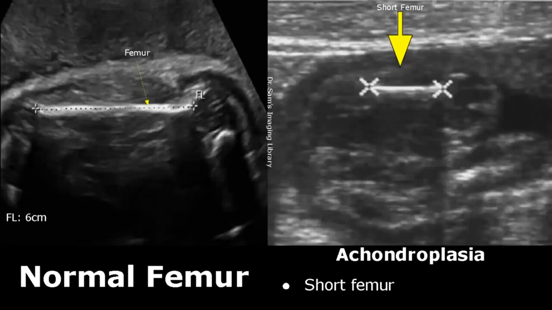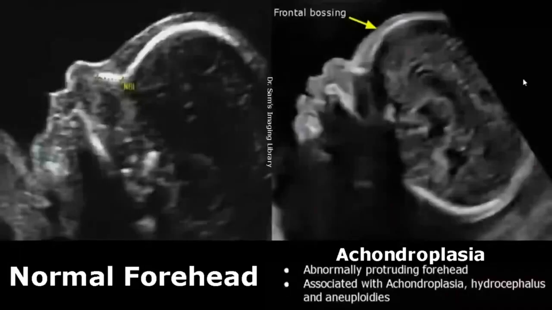An abnormally protruding forehead is also associated with achondroplasia. It is called frontal bossing. The forehead has an abnormally increased convex curvature which is not seen in normal cases.